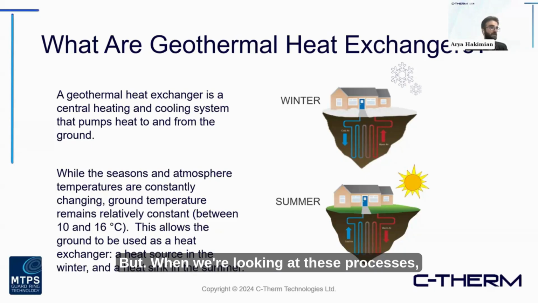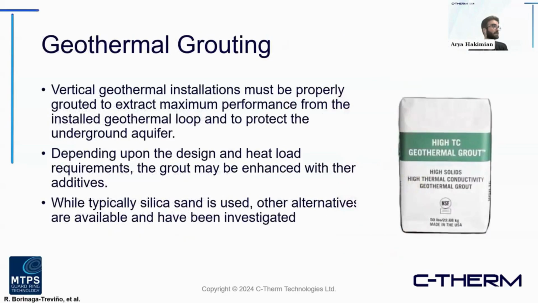But when we're looking at these processes, looking at heat exchange, the warm versus the cold, again, this is where the thermal considerations of those surrounding materials can play a role in the overall effectiveness of that heat transfer, to really, again, look at optimizing some of these processes.